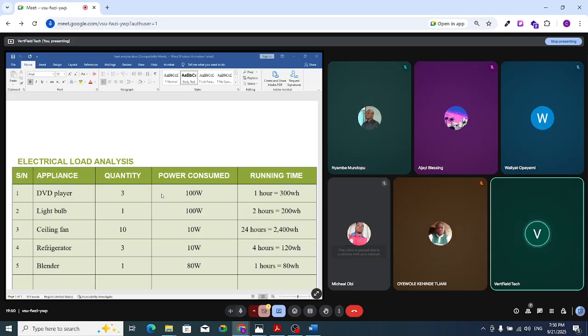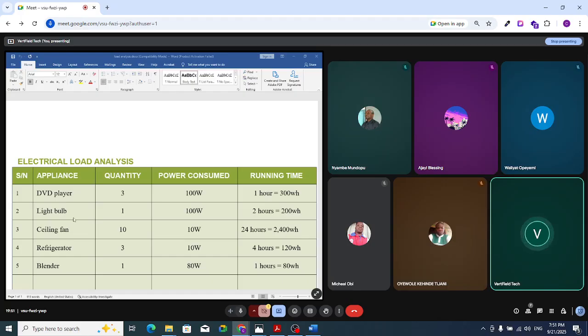That gives you your energy consumed. Now there's a technique with which you apply that formula. You apply it such that you get the energy being consumed by each of these 5 appliances, then sum it up, that is to say, add everything up to give you the total energy consumption.